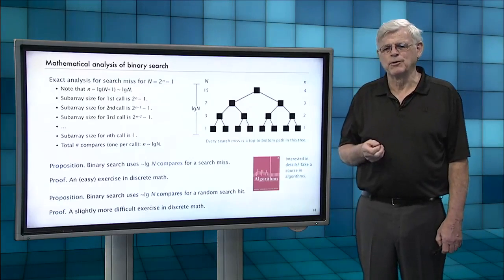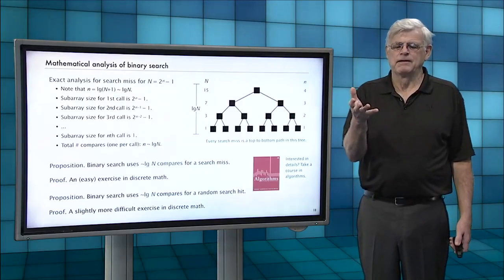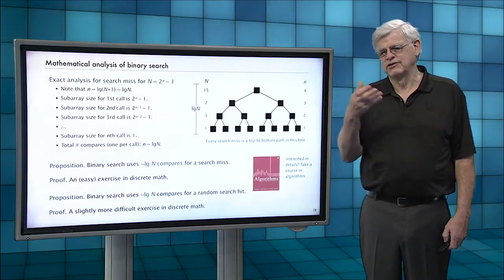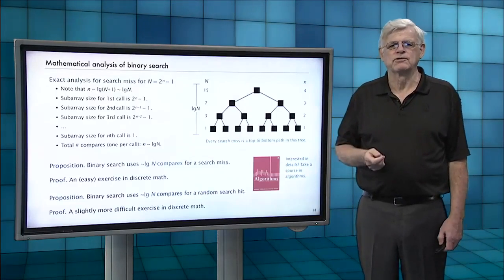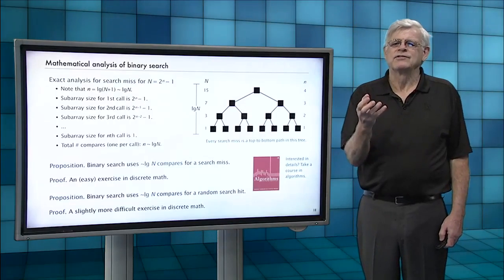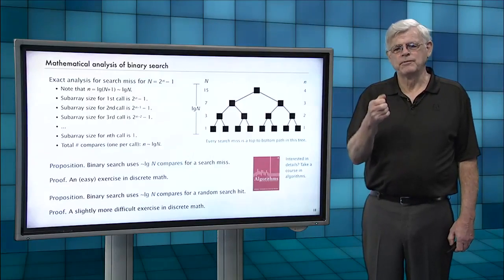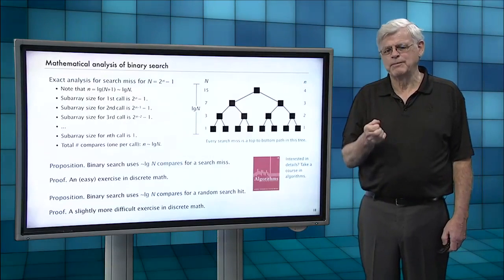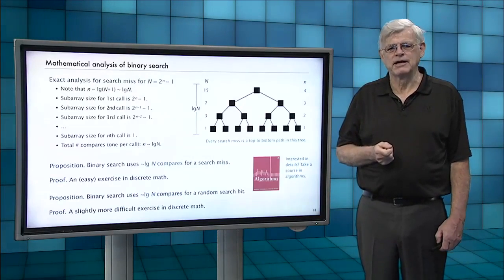And you can learn more about this maybe in a course on algorithms. But understanding it in terms of when N is a power of 2 minus 1 is fine for our purposes. So our model is that the cost of a search is going to be about log base 2 of N. That's the point of this mathematical analysis.